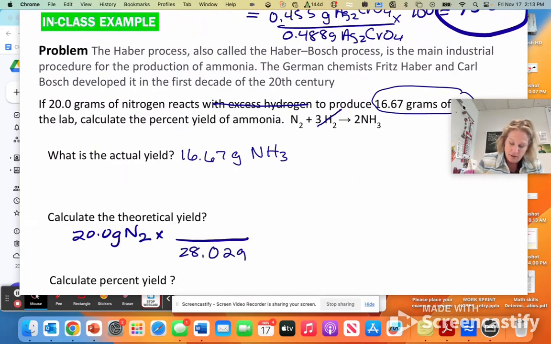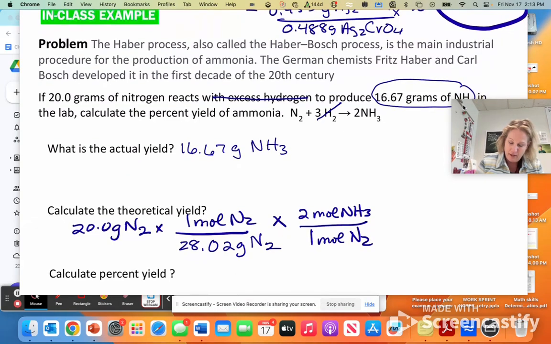So using the molar mass of diatomic nitrogen, and then we're going to do our mole ratio. So 2 moles of ammonia for every 1 mole of nitrogen. And then we can use the molar mass of ammonia, which is 17.04 grams in 1 mole.